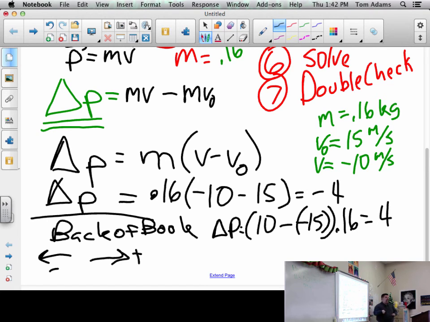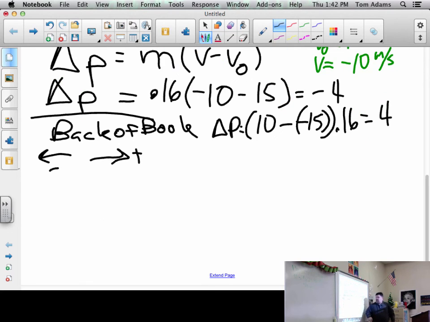That's what the back of the book said, right? Well, 4 is positive, but what direction? This direction. Mr. Adams set it up differently, but what direction? This direction. Both of them away from the back. Does that make sense? Okay, good.